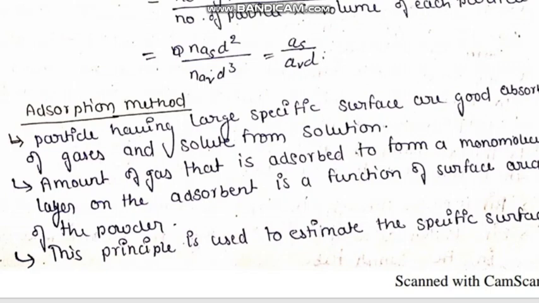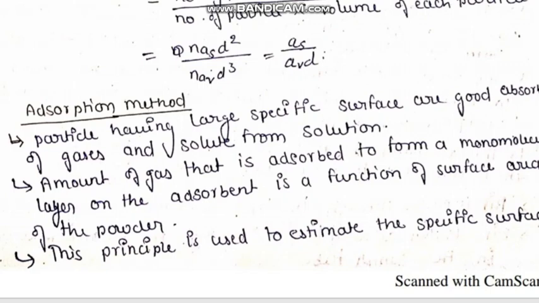For example, if any surface has more surface area, then it is going to adsorb a material to a much higher extent. If the surface area of a material is lesser, then it is going to adsorb a smaller amount of the material.